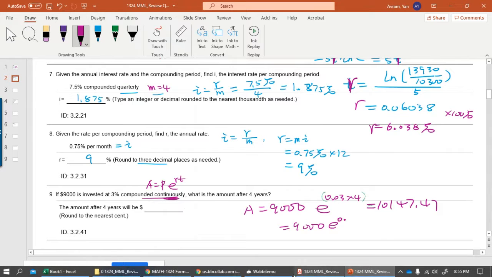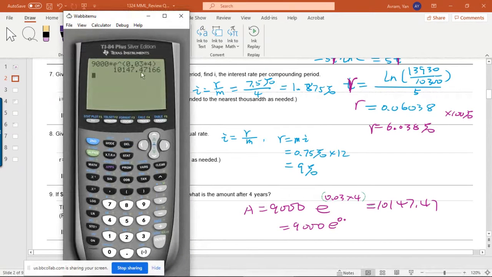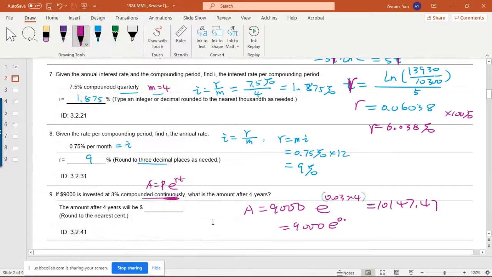Let's double check. Yes, because the next digit is 1, so you round down. Okay, so that is the amount of money after 4 years. But remember, you have to change the r into decimal form. So that's 0.03. Okay, any questions so far?